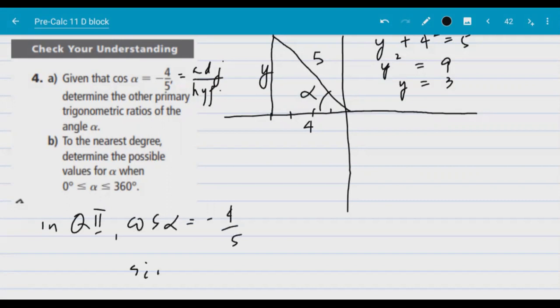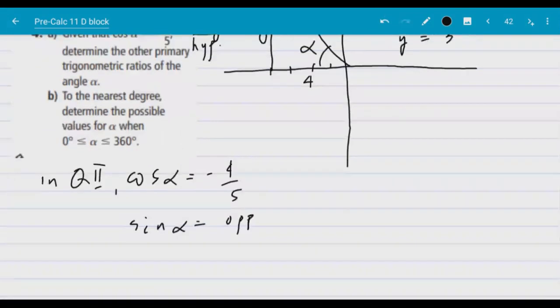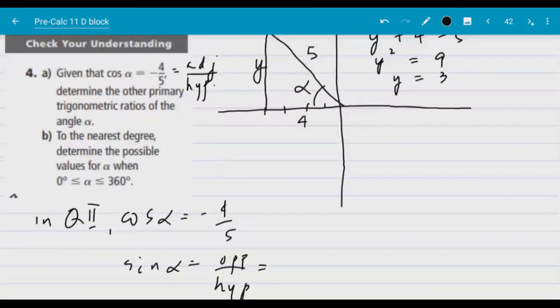Sine of alpha, which is opposite over hypotenuse, would be what? What is the opposite side that we got? Oh, y is 3, isn't it? This y, which is the opposite side, we got its length, which is 3. That means the sine of alpha is going to be 3 over 5.